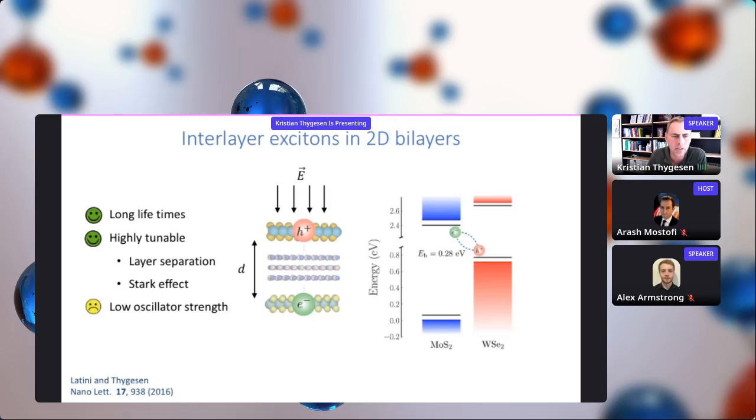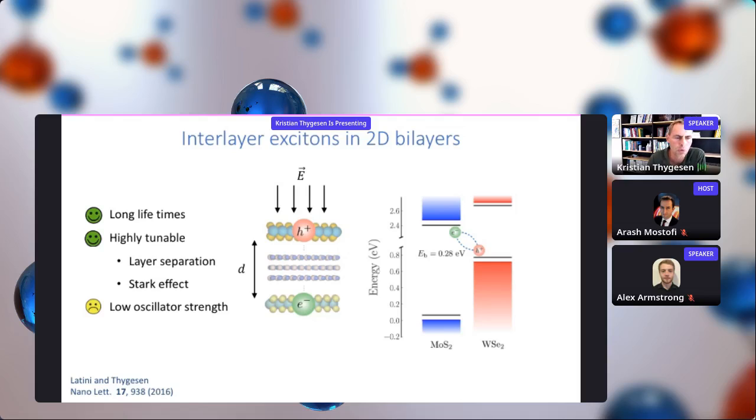These are excitons where the electron and the hole are sitting in different 2D materials. And this can be achieved if we have a so-called type 2 band alignment between the two 2D semiconductors, as sketched over here. Such interlayer excitons are really interesting because they can have much longer lifetimes than the intralayer excitons, because the electrons and the holes are physically separated from each other.